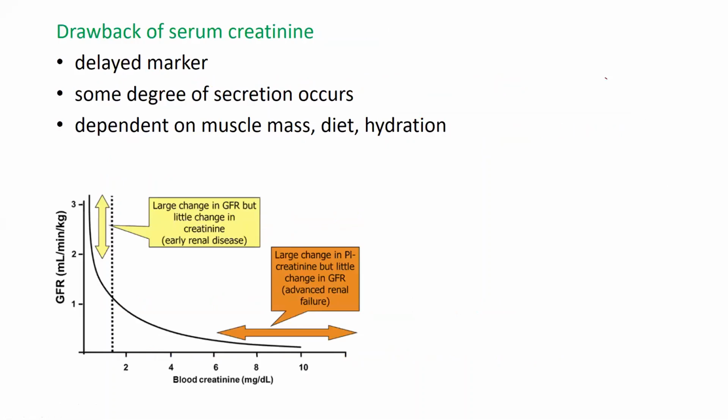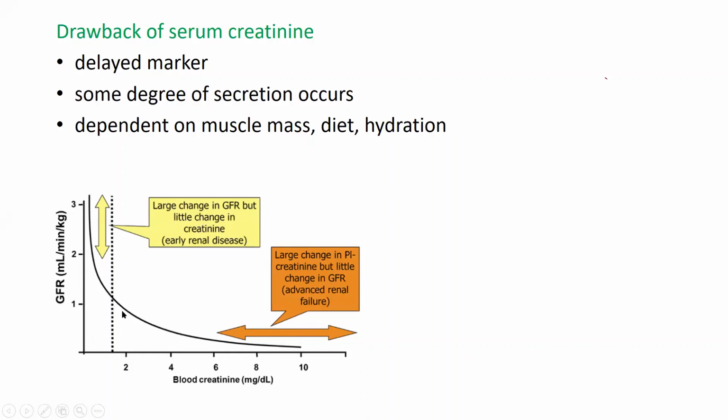So the drawbacks of using creatinine are, one, as I told you, there is some degree of secretion that happens at the tubular level. The other problem is, if you look at this graph very carefully, on this axis you have creatinine that is gradually increasing, and on this axis you have GFR. You can see GFR has dropped more than 50% and still the creatinine hasn't risen very much.